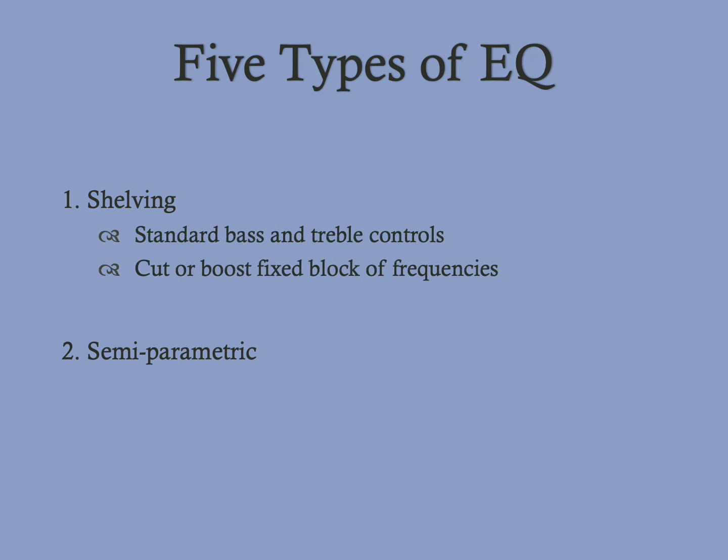Different types of EQ: some of the most common you might find on early guitar amplifiers, or even a home stereo type of unit where you've got just bass and treble.